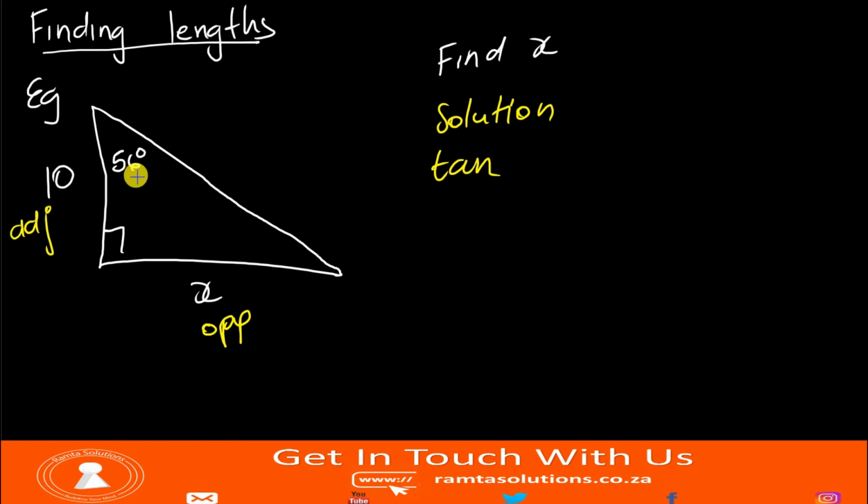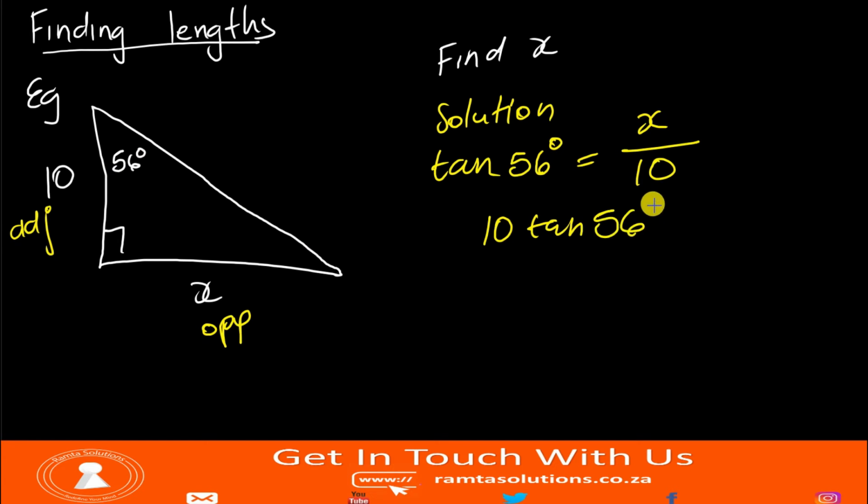The angle given is 56 degrees. So tan 56 degrees is equal to opposite over adjacent, which is x over 10. In other words, x equals 10 times tan 56 degrees, because you multiply by 10 throughout. So let's get our answer. 10 times tan 56 degrees is 14.83, which is x.